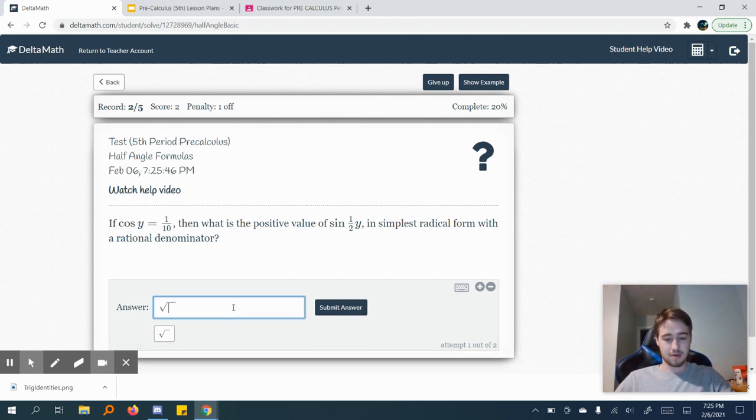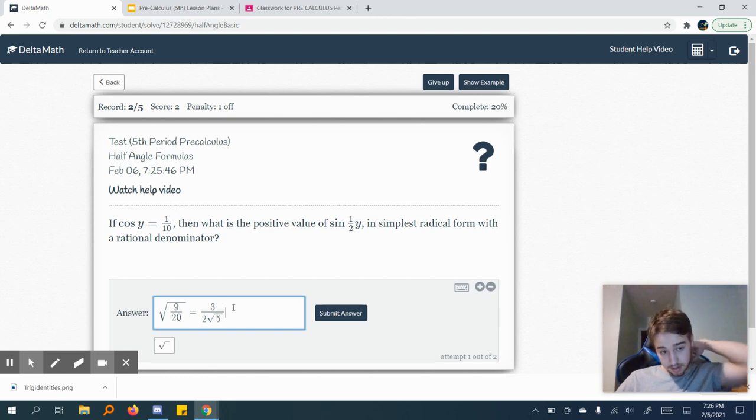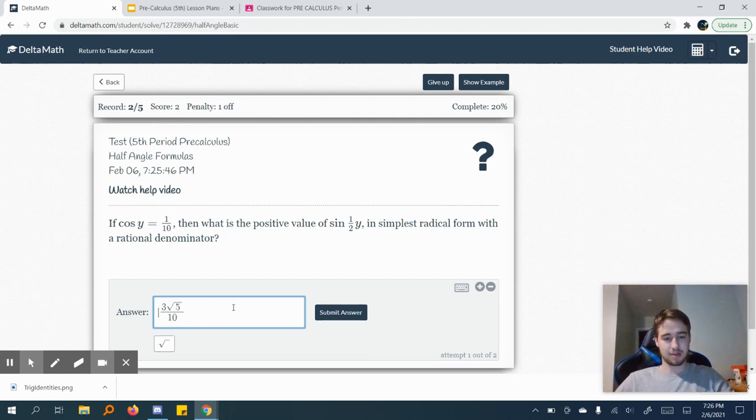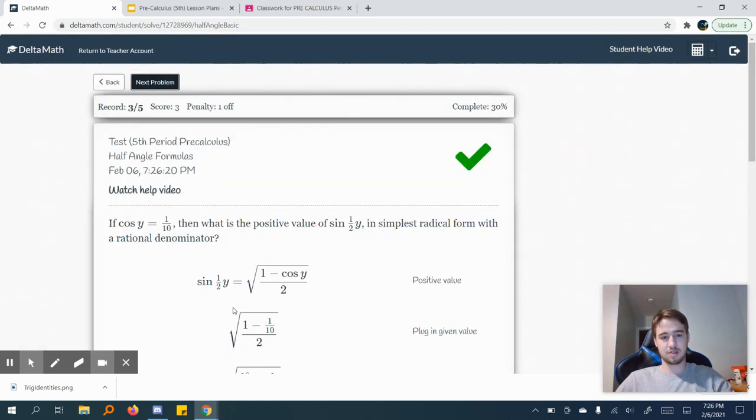So radical of 9 over 20. That one becomes, sorry, 3 over 2 root 5, which then is 3 root 5 over 10. And that's what we actually were supposed to do instead of radical 55 because I did the wrong thing.